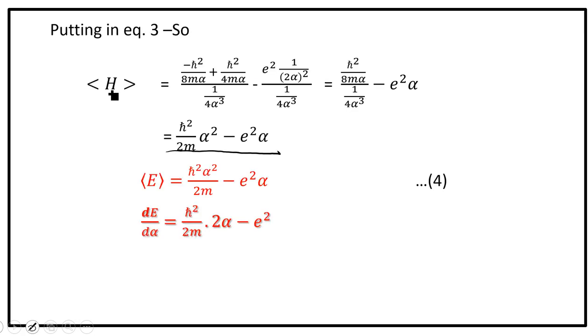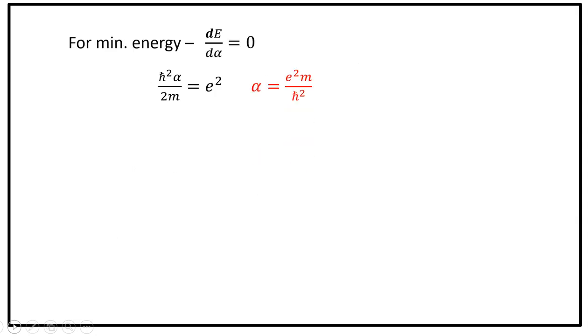The expectation value of H can be written as E. E is equal to h cut square alpha square by 2m minus e square by alpha. Now differentiating with respect to alpha, we minimize the energy using the condition of minima, dE upon d alpha is equal to 0.